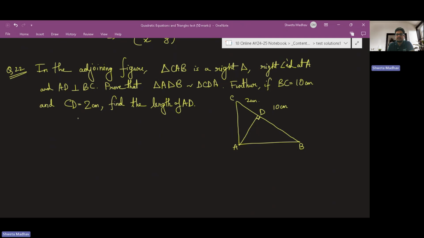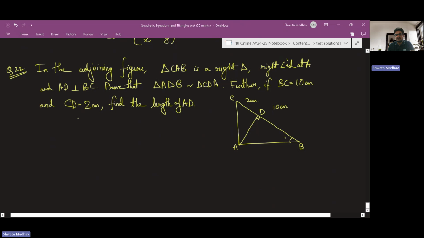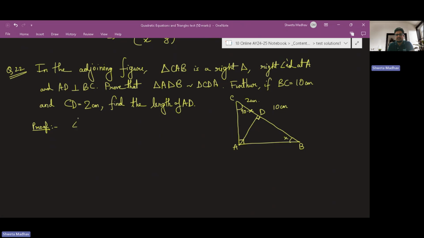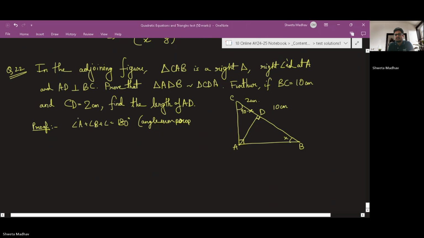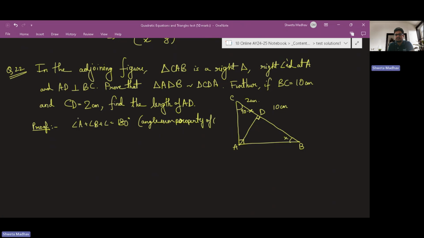We have to take triangles ADB and CDA. Now with this angle, if I take x, this angle will obviously be 90 minus x, since this is a right angle. The proof will be like this. We know that angle A plus angle B plus angle C equals 180 degrees, by using the angle sum property of a triangle.